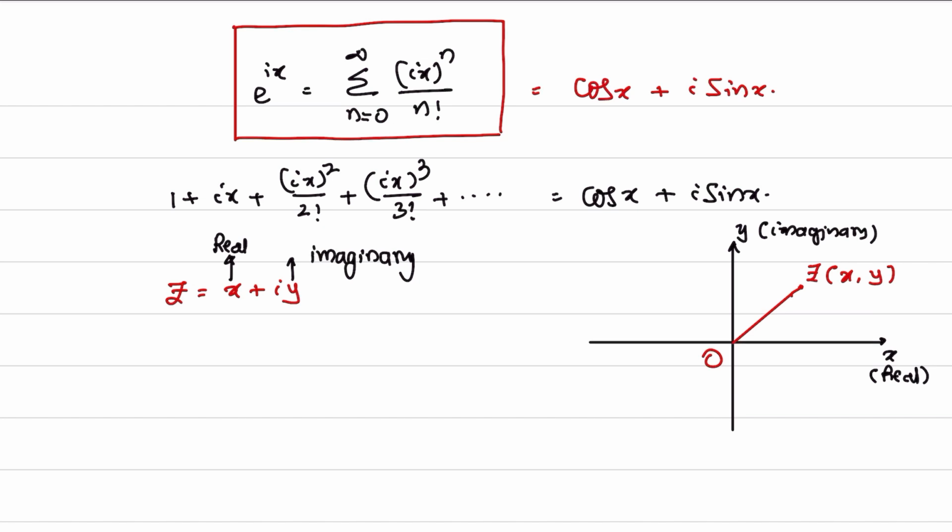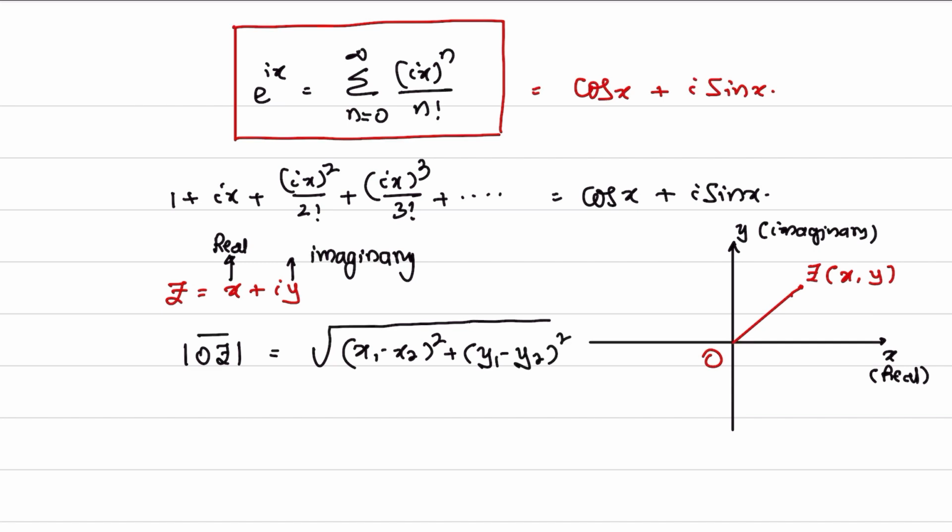And OZ is a straight line. What is the quantity of OZ? That is equal to the square root of (x1 minus x2) whole square plus (y1 minus y2) whole square.